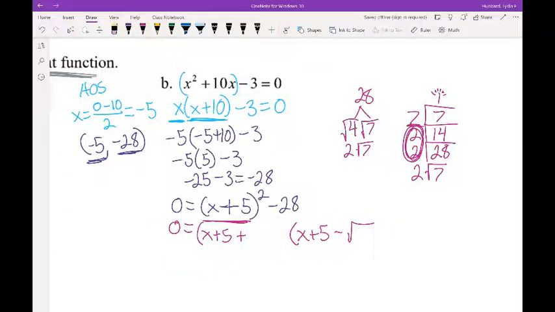I'm actually just going to erase this piece. Plus 2 radical 7. X plus 5 minus 2 radical 7. Now that we've simplified that, we can set each of these equal to 0 and we can solve.